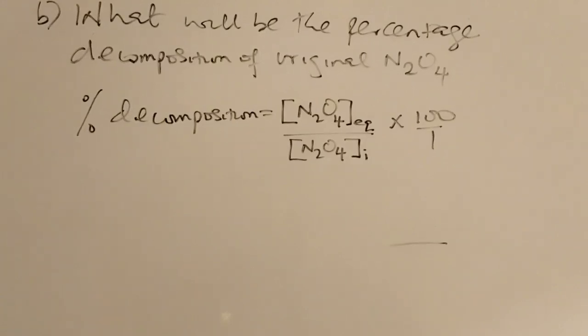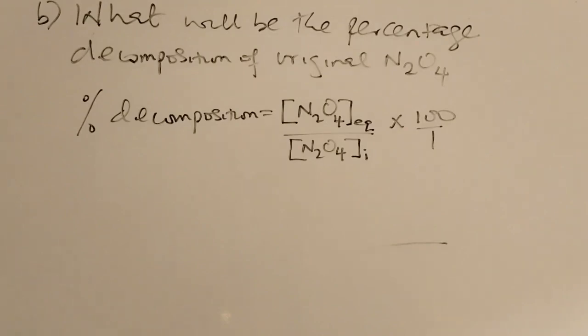The next question says, what will be the percentage decomposition of original N2O4? To find the percentage decomposition, we use the concentration of the substance at equilibrium all over the initial concentration of the same N2O4, times 100 over 1.